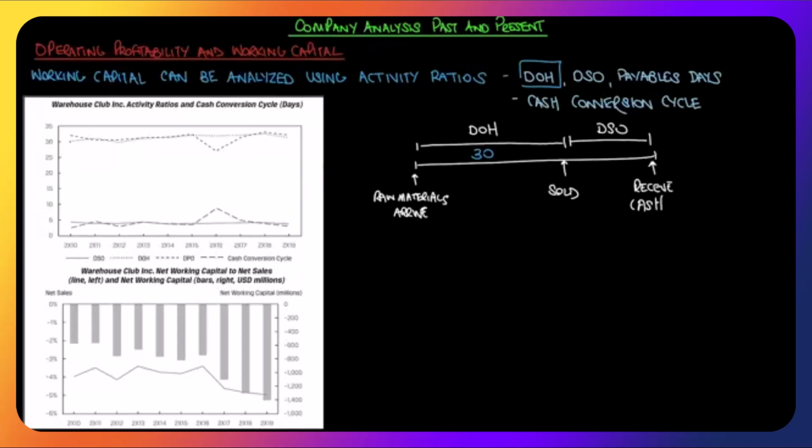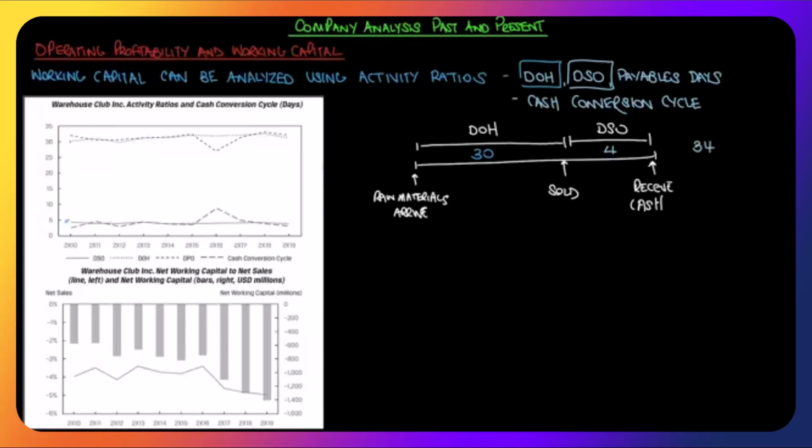Let's take a look. DSO is the solid line there. Looks like it's about 4 down there. Makes sense. I wasn't expecting it to be long. If I'd looked at that and it was large, I'd be, oof, what's going on there? That's odd. So between your raw materials arriving and collecting cash from your customers is 34 days.